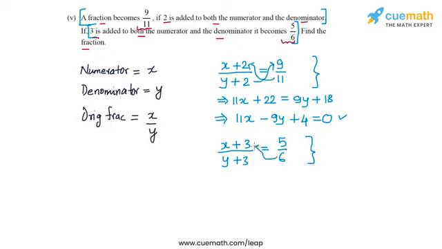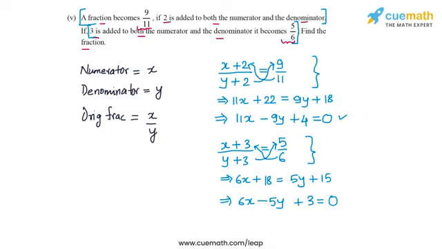So let's multiply 6 with x plus 3 and 5 with y plus 3. So this will give me 6x plus 18 is equal to 5y plus 15, and I can write this as 6x minus 5y plus 3 equal to 0.